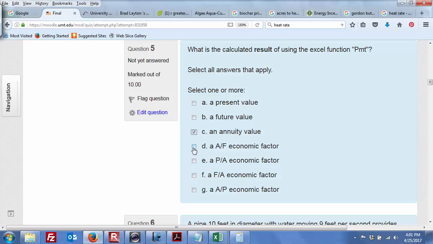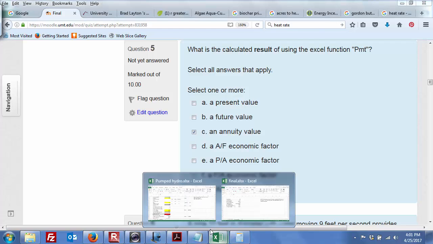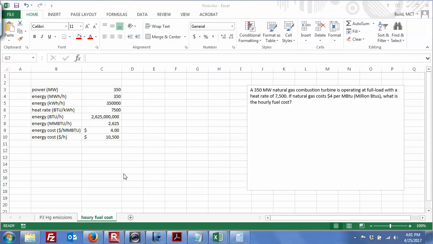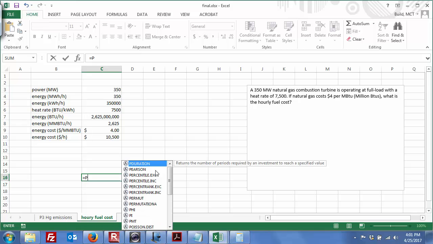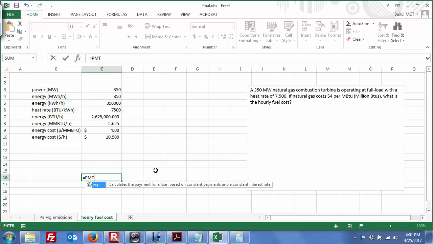You could pull it up and look. I don't have payment in here. PMT is present to annuity or future to annuity, so that's annuity.